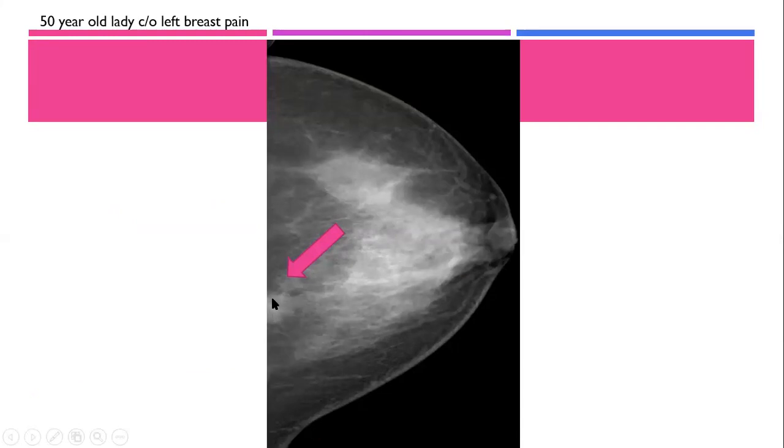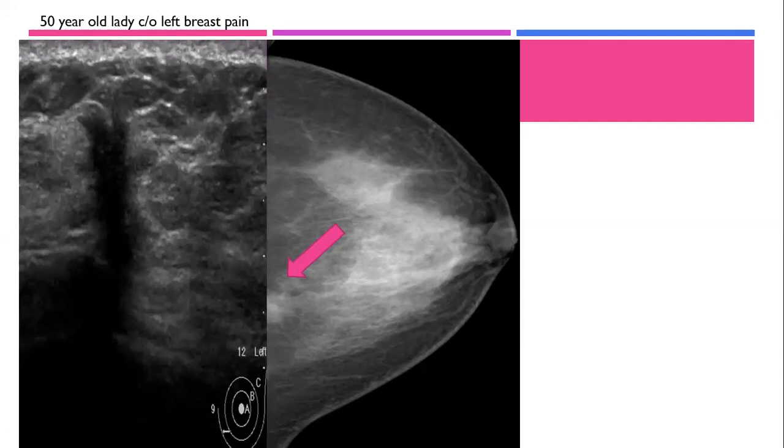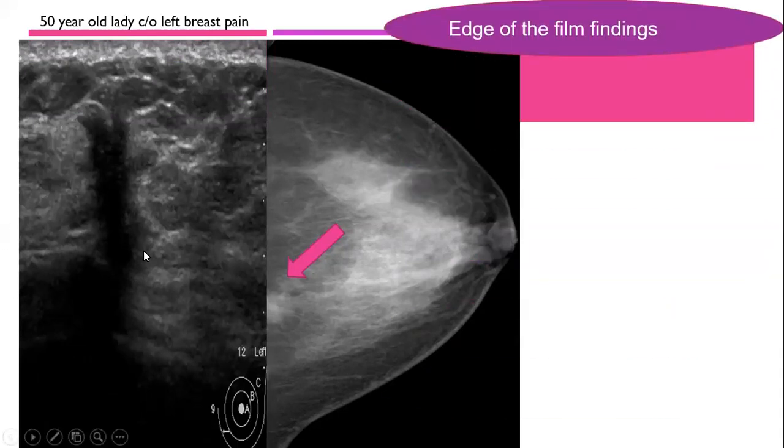It is good enough that most of the lesion could be appreciated in this image, but sometimes you might see only a very small part of the lesion, and this is one of the common mammographic faults that leads to missing breast cancer.